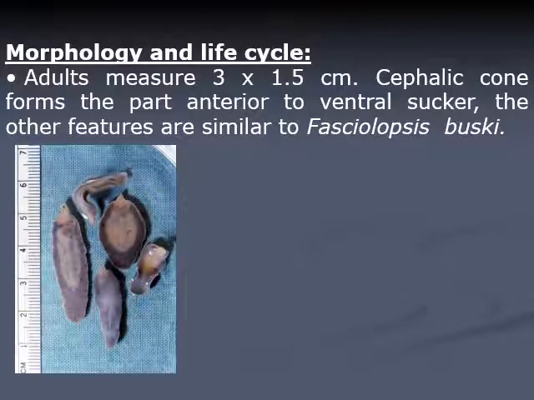This is a group of Fasciola worms. This one is the Japanese strain, which is broad, like we see. This long one is the American type. This moderate sized one is the Egyptian and Sudanese type or North African type.